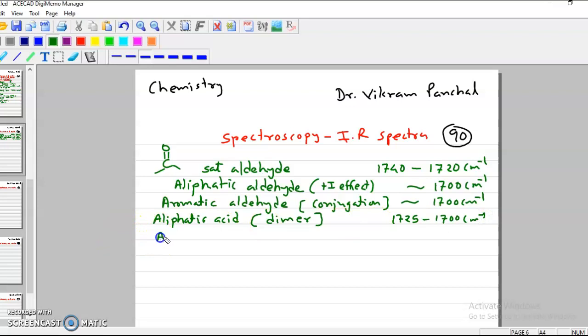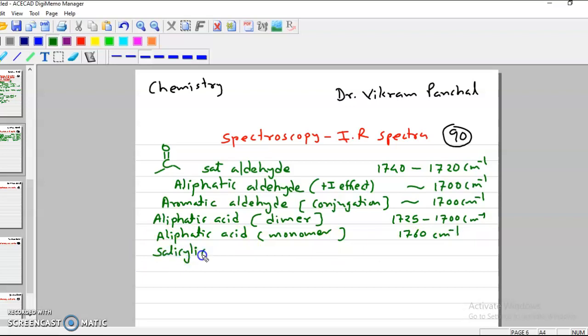If we take aliphatic acid but without hydrogen bonding, that is the monomer, then the band appears at 1760 cm⁻¹.